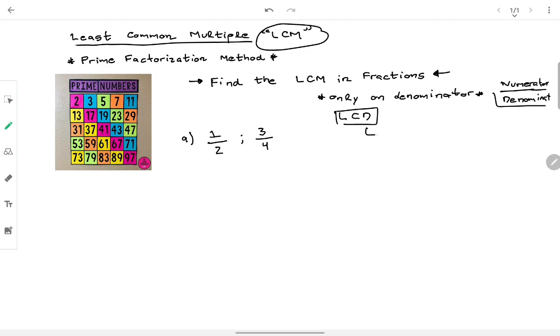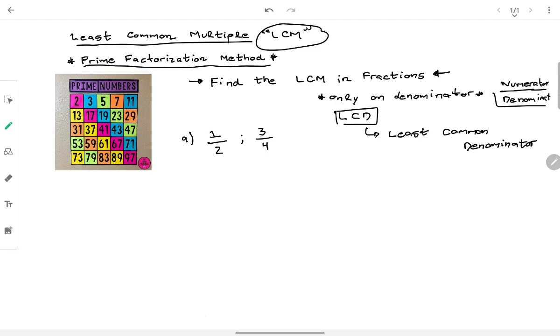So LCD, it's not a drug, it's least common denominator. So let's see how to look for it.